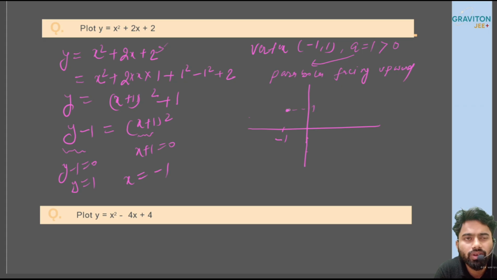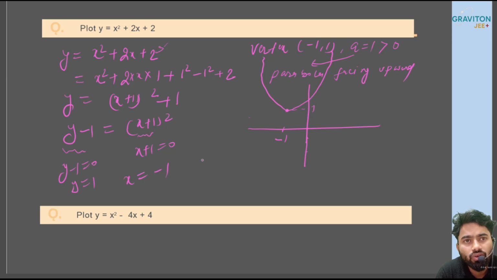So the vertex will be here, but you don't know whether it cuts the x-axis or not. But you look here that if a is positive, the parabola will be facing upward. So from here you will get that the parabola will be facing upward. So it does not cut the x-axis at any point. So it has no real root.